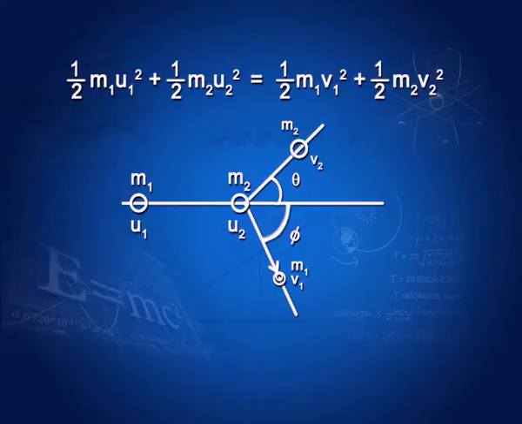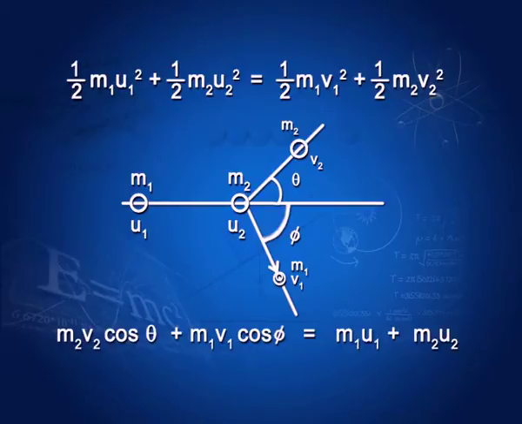So, you will get a pair of equations and they would look like this: m2 v2 cos theta plus m1 v1 cos phi, and this should be equal to the initial momentum, which would be m1 u1 plus m2 u2.